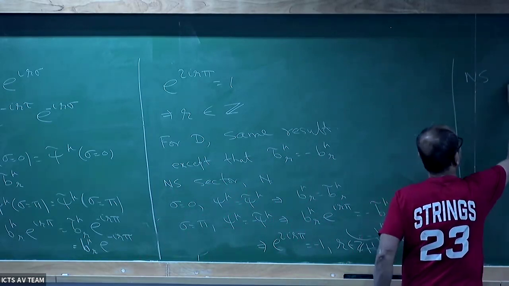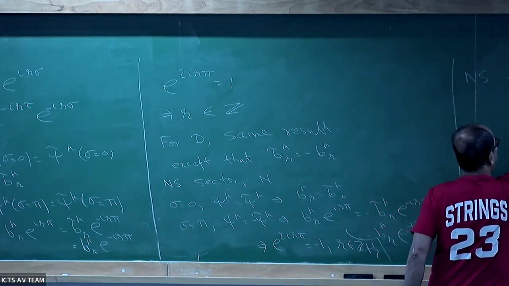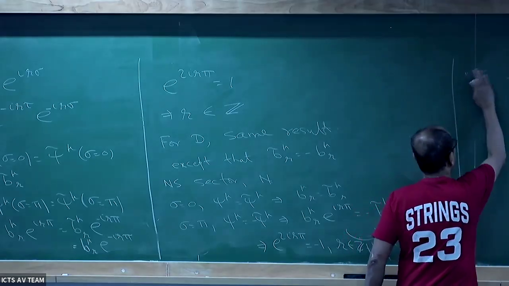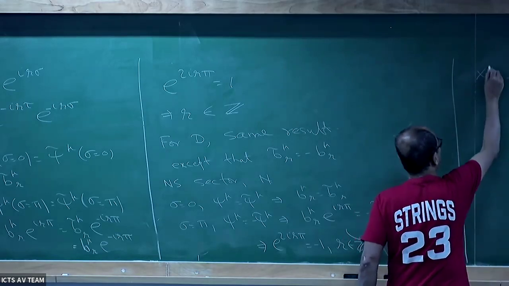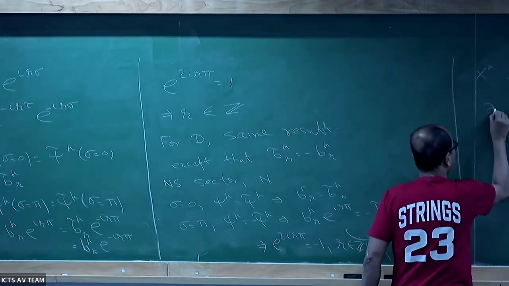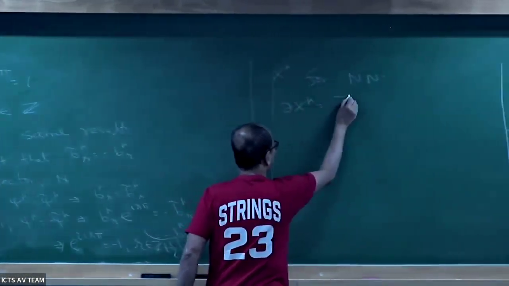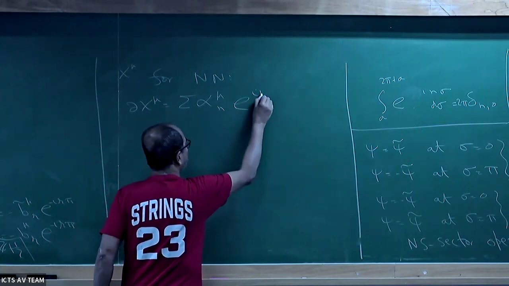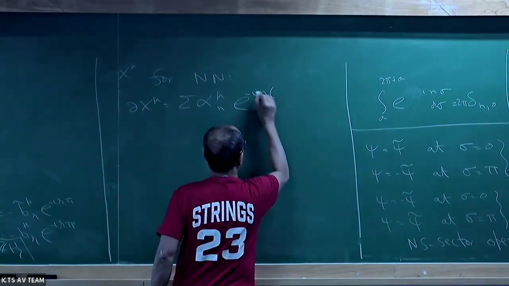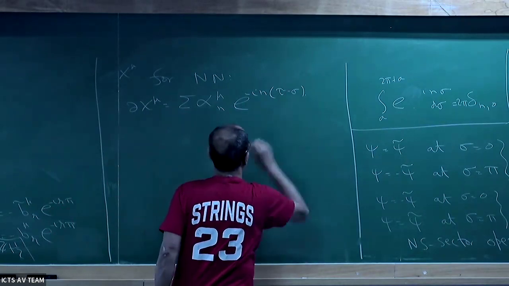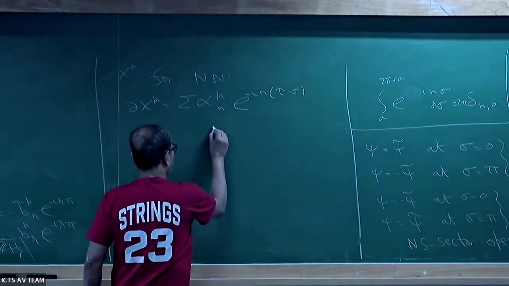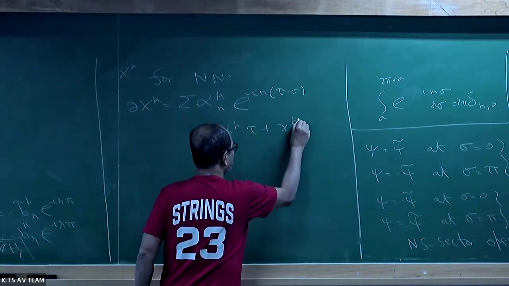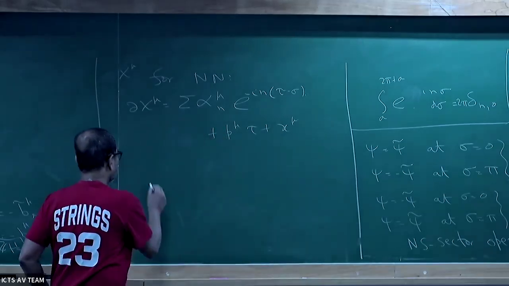For X mu, for NN, it is del X mu and del bar X mu.